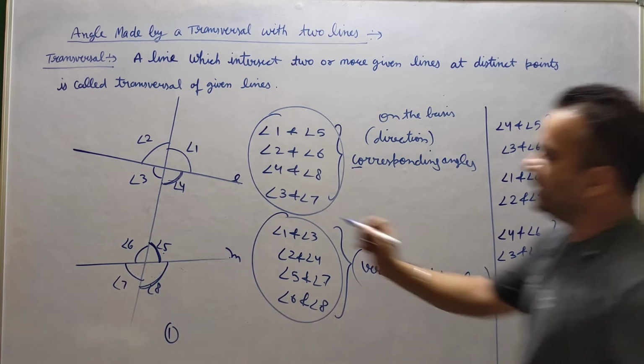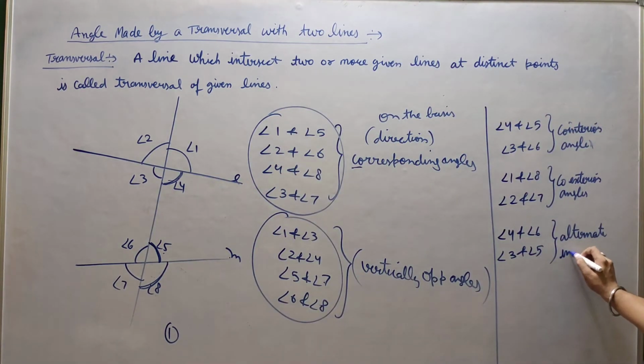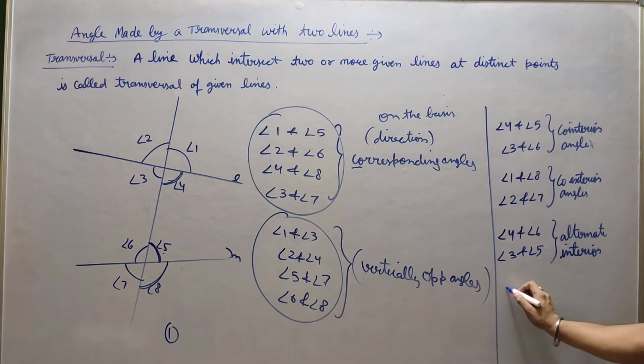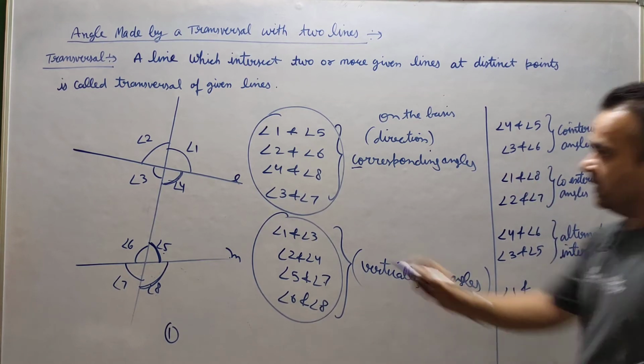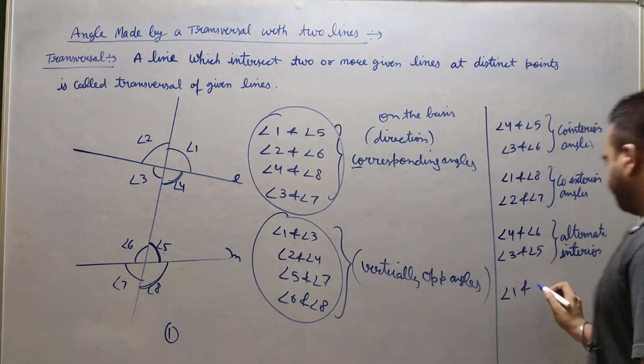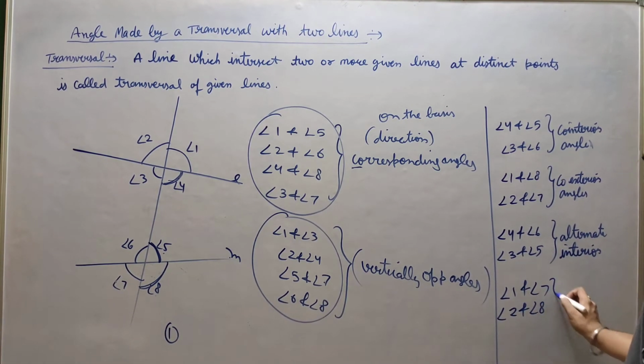Alternate means they are in different directions. Alternate interior angles. Now the next one: angle 1 and angle 7, and angle 2 and angle 8. These are alternate exterior angles.